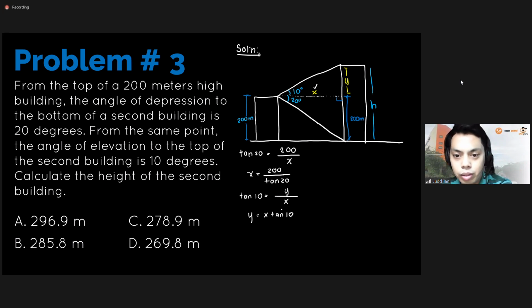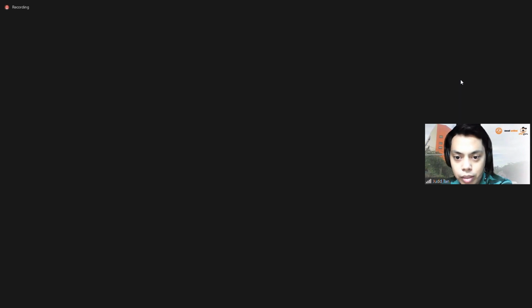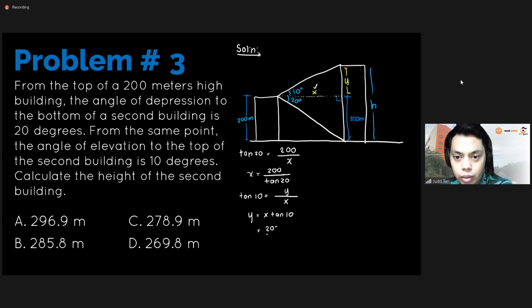Since this is x, times na lang natin 200 over tangent 20 times tangent 10. Yun po yung y. So finally, yung height natin is 200 plus the additional y.